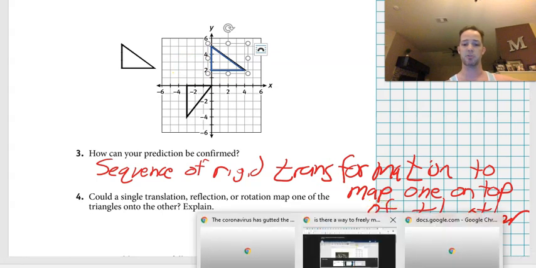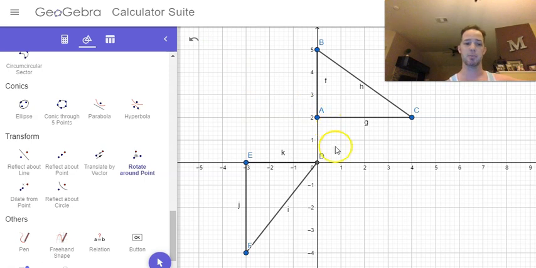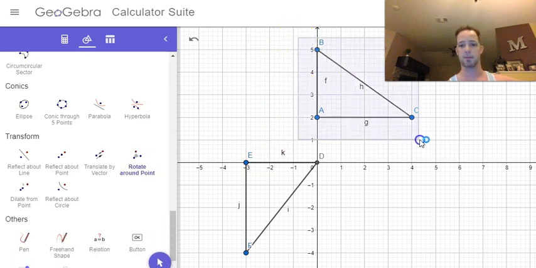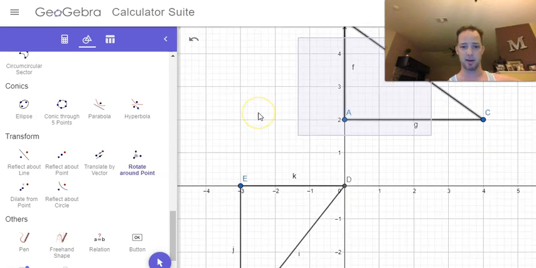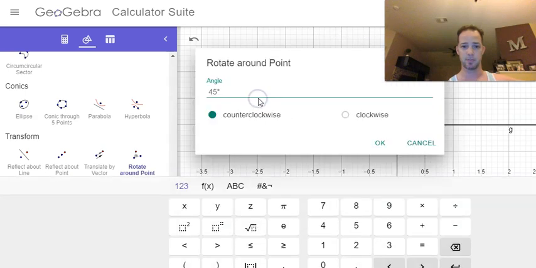Let me show you that here real quick. Where is that at? Here we go. If I was to take these two figures and rotate about the point, take this figure, let's rotate it about the point negative 2.5, 2.5. And let's rotate this clockwise 90 degrees.